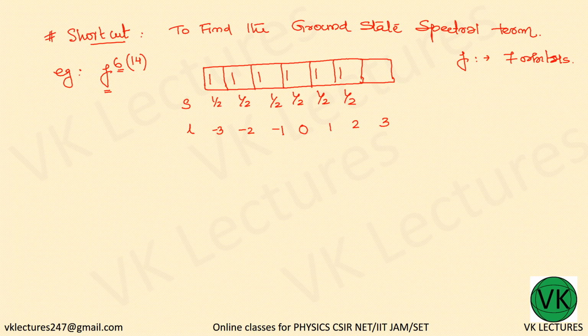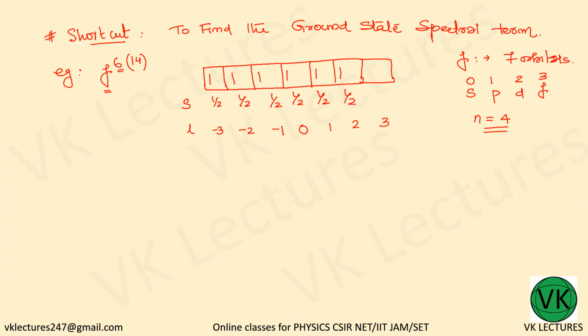For the L value, we write S P D F, that is 0 1 2 and 3, and for that n value should be equal to 4. That is the principal quantum number.